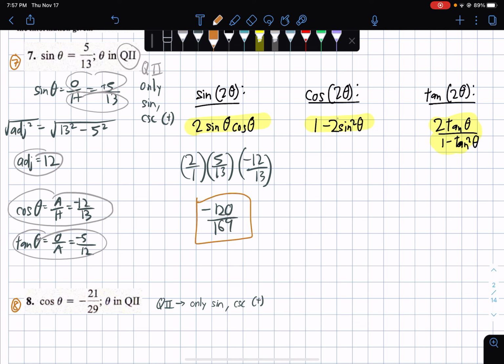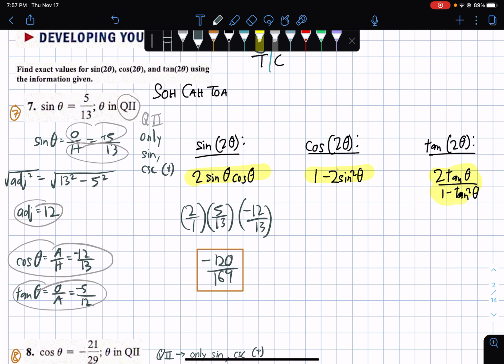This is the final answer. For cosine 2 theta, it's basically 1 minus 2 times sine squared theta, so 5 over 13 squared. The answer is 119 over 169.